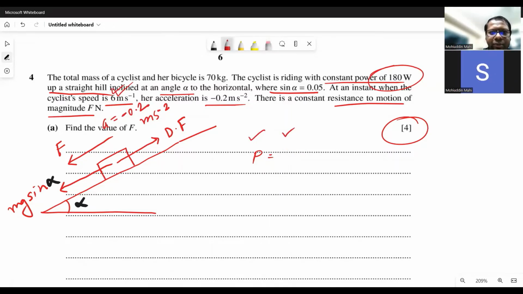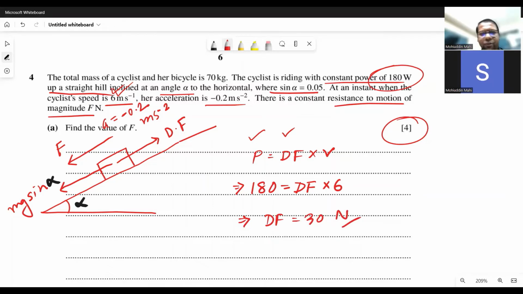So power equals driving force multiplied by velocity. The power here is 180 watts, driving force we don't know yet, and velocity is 6 meters per second. So the driving force here is 30 Newton. So we have got the driving force.